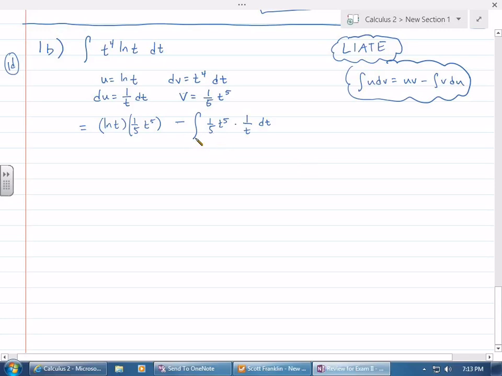Right. So this becomes, I'm just going to rearrange this a little bit to make it simpler. 1 over 5 t to the fifth. I'll write a little bigger since you guys are looking across the room at it. Natural log of t minus, I'm going to pull the 1/5 out. Integral, and then t on the bottom cancels with one of those, leaving 4 behind, so t to the fourth dt.